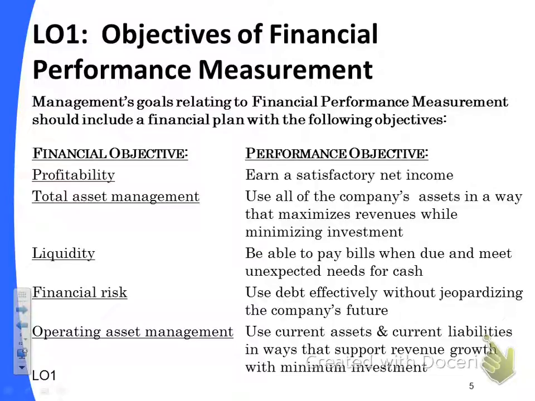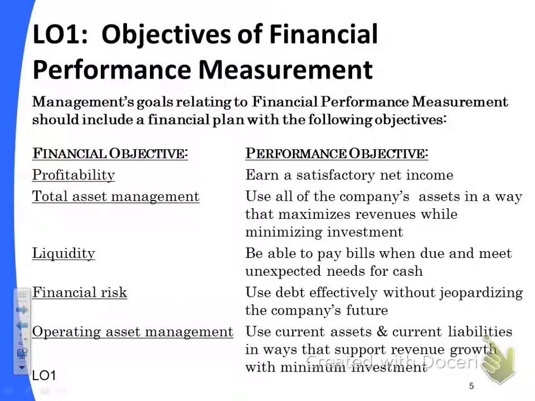In terms of total asset management, the company wants to use all of its assets in a way that helps to maximize its financial performance and investment. And in terms of liquidity, they need to be able to pay the bills when the bills are coming due. They can't pay them late, so they need to know what their cash expectations are and what their cash uses are.